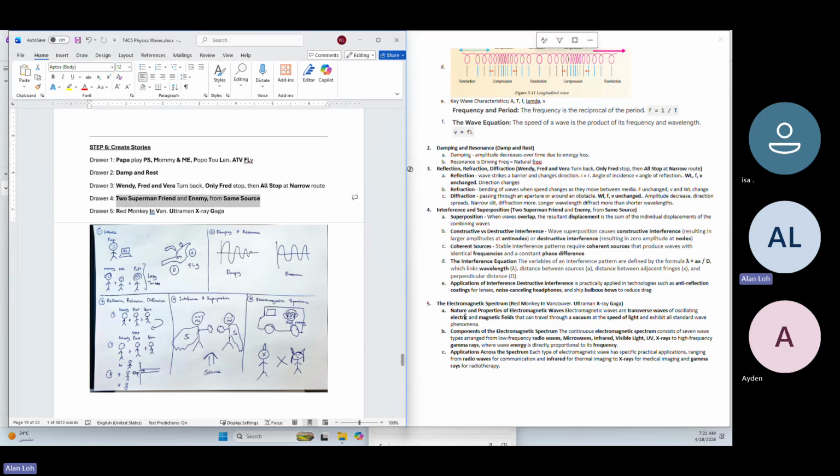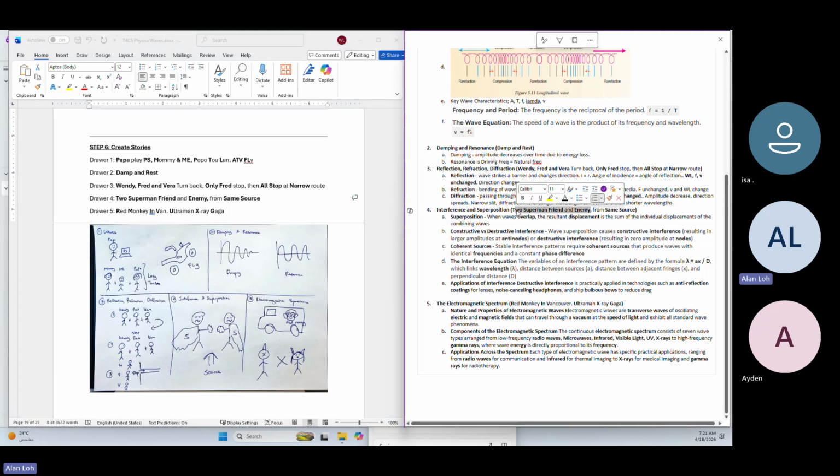Now, drawer 4, 2 Superman, friend and enemy from the same source. I think this also is quite explanatory by itself. This story helps you remember that this is related to superposition because it's Superman. Then 2 Superman, sometimes they become friends, sometimes they become enemies. Sometimes they are so good, like best friends. Sometimes they fight with each other and become enemies.